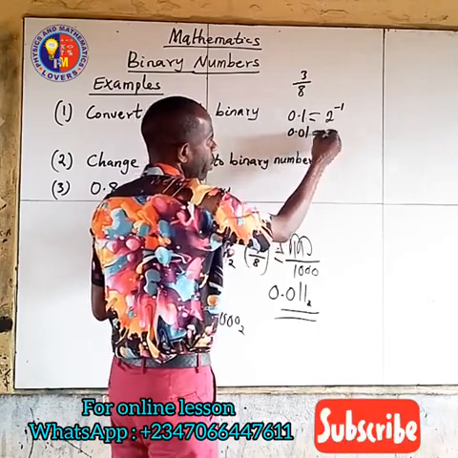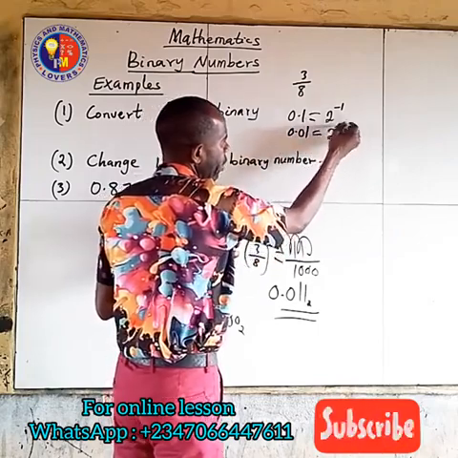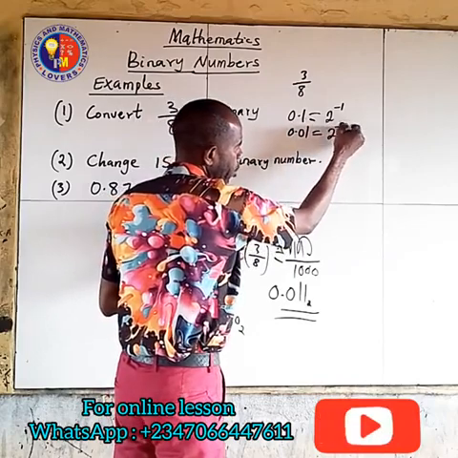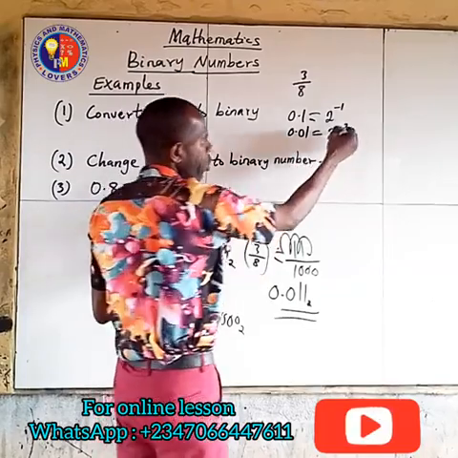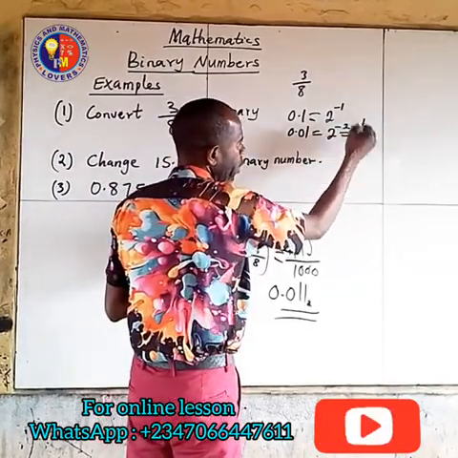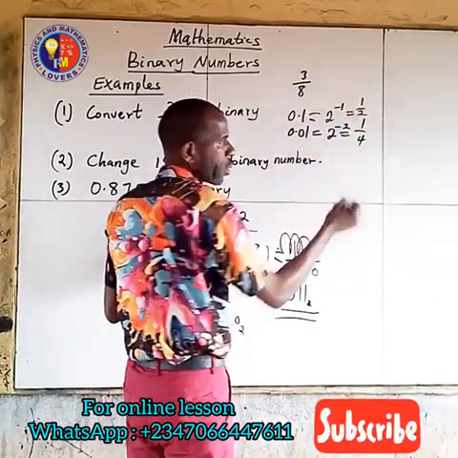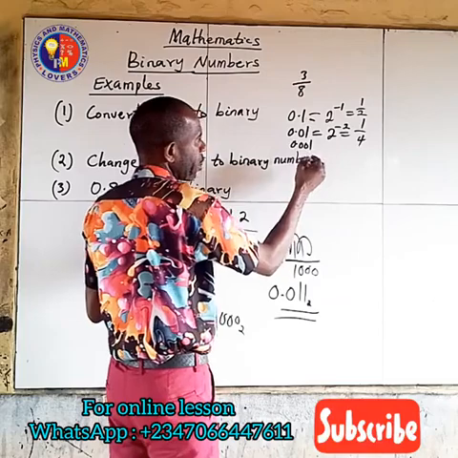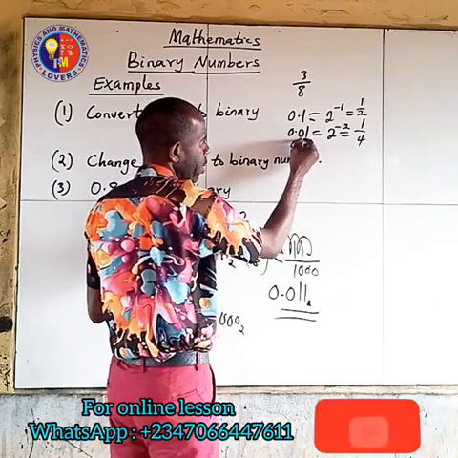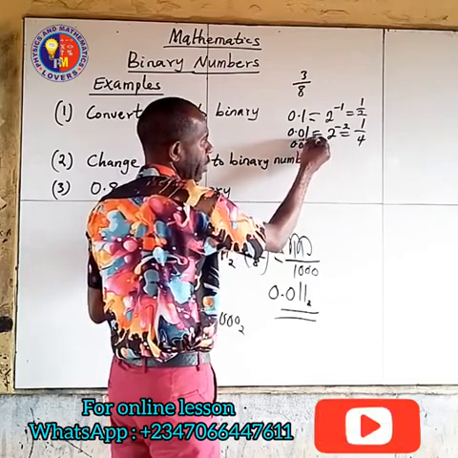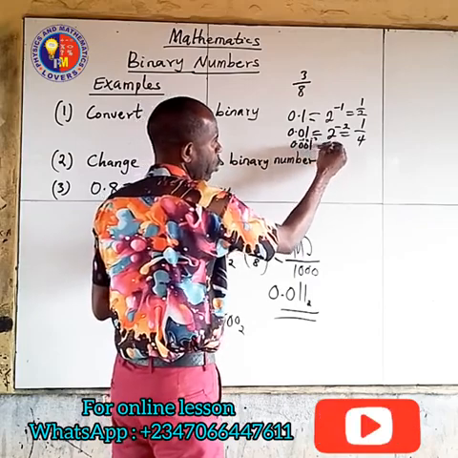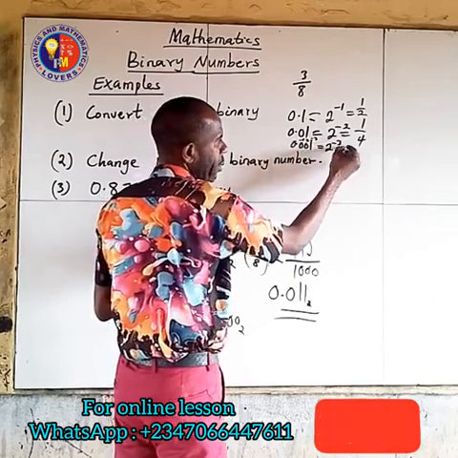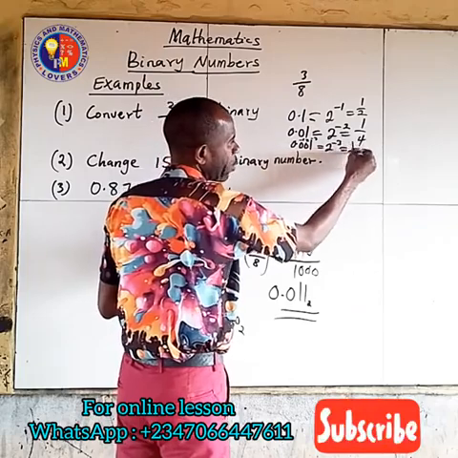Then 0.01 is equal to 2 raised to the power negative 2, which is 1 over 4. And 0.1 is 1 over 2. Then 0.001: moving along, the first takes negative 1, negative 2, negative 3, so that is 2 raised to the power negative 3, which gives us 1 over 8.